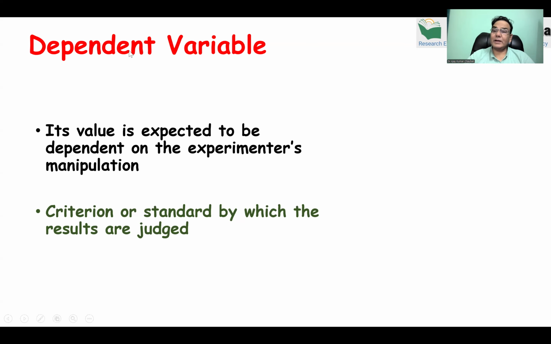So dependent variable and independent variable are predefined, and how they can be measured is also defined in advance. The dependent variable is expected to be influenced by the treatment. This is one of the assumptions we are keeping in the experiment, that your dependent variable must be influenced only by the independent variable.